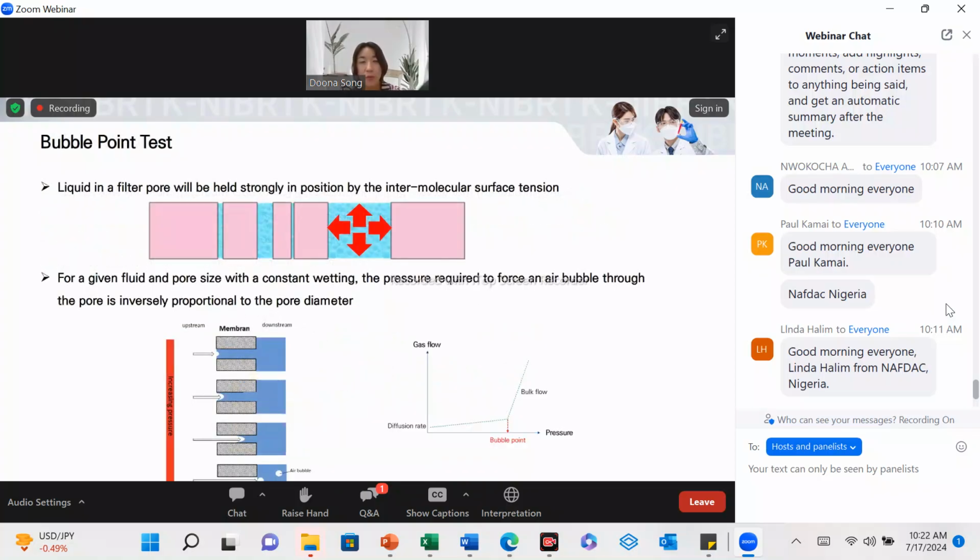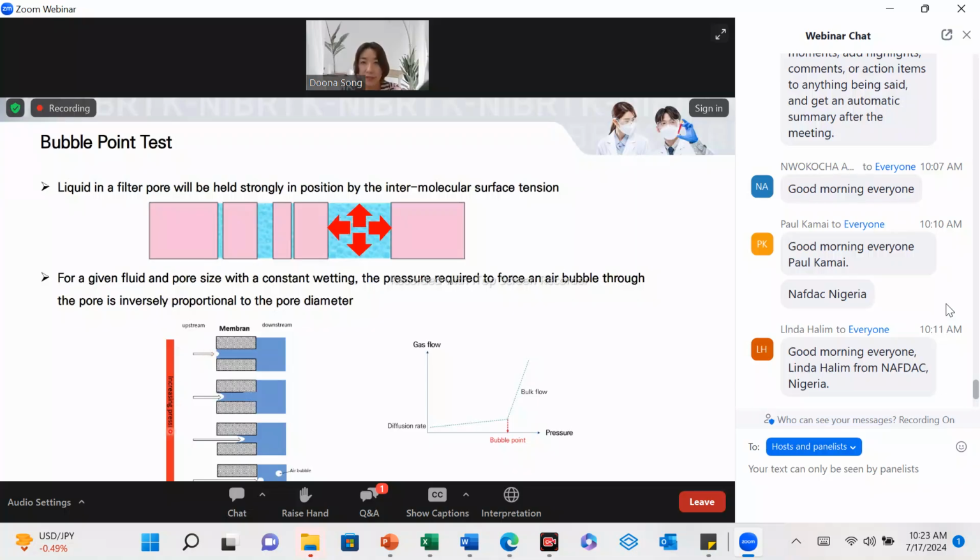Next is the bubble point test. This method uses the force that keeps the wetting solution in the filter's pore due to the surface tension. The main factor is surface tension. The smaller pore size needs more force to break the surface tension. So at lower pressure, the solution stays trapped in the pore because of the surface tension.